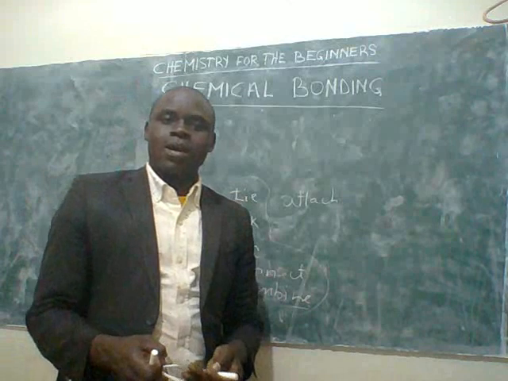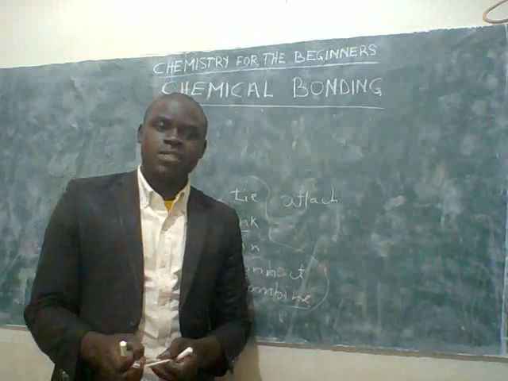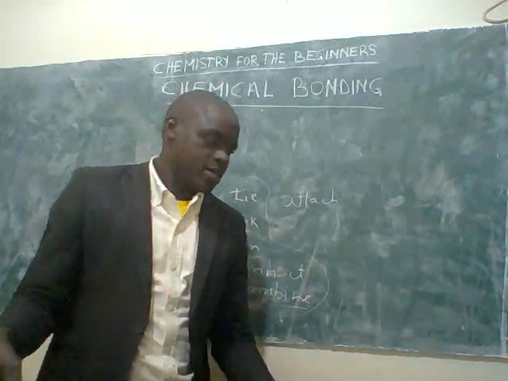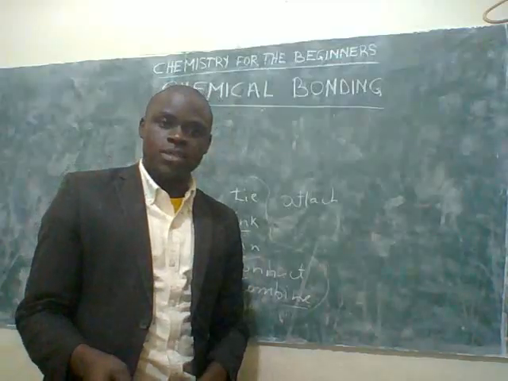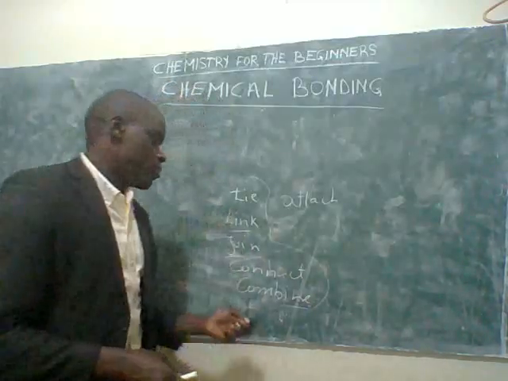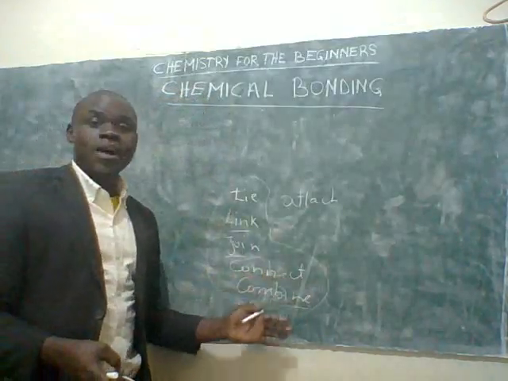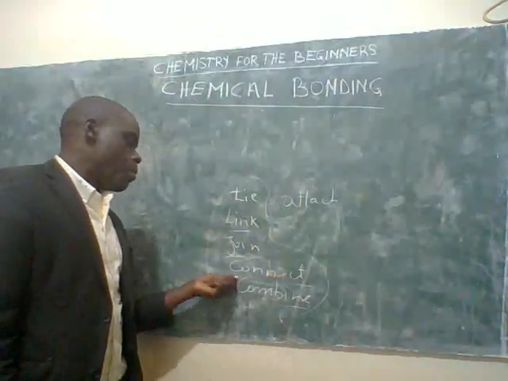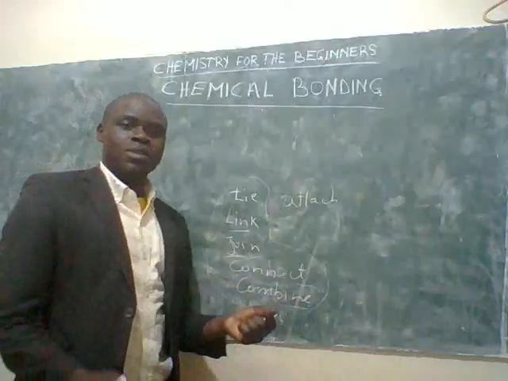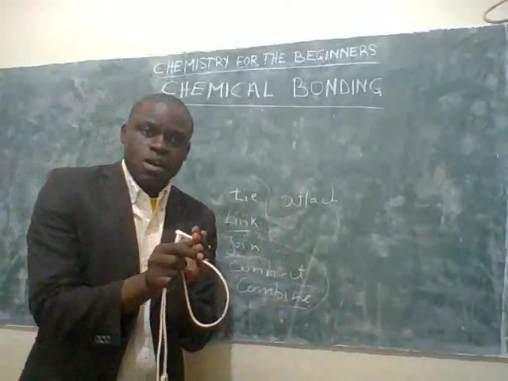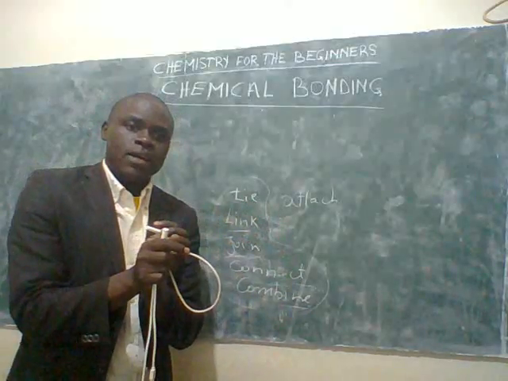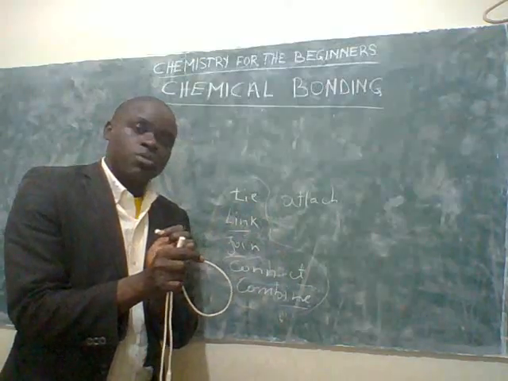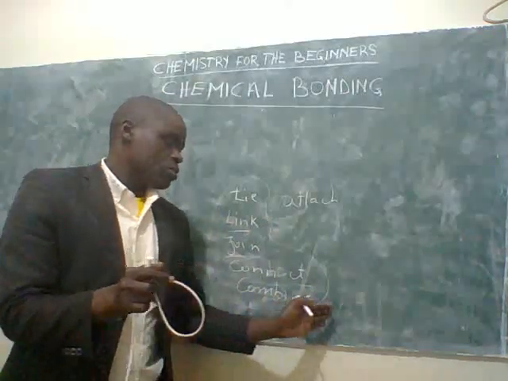So each bond has its own characteristics and its own properties, and that's why we use different words but for the same purpose. If it is to combine two things, it is to bring one close to another.